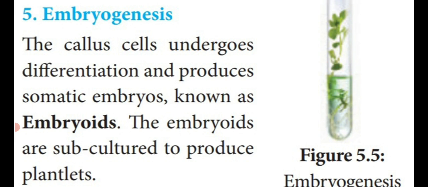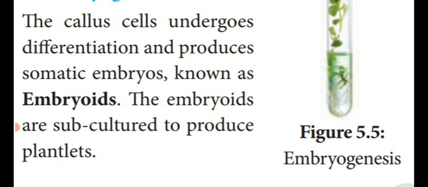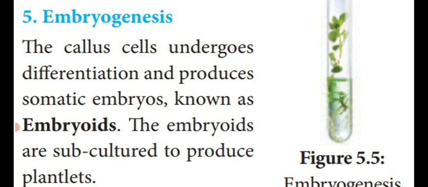These embryoids are subcultured in the plant tissue culture tubes to produce newly formed plantlets. See the test tube. This is the test tube which contains the plantlets. So these plantlets are afterwards introduced into the natural environmental condition. See the word: they are produced in artificial condition in the laboratory under controlled environmental condition.